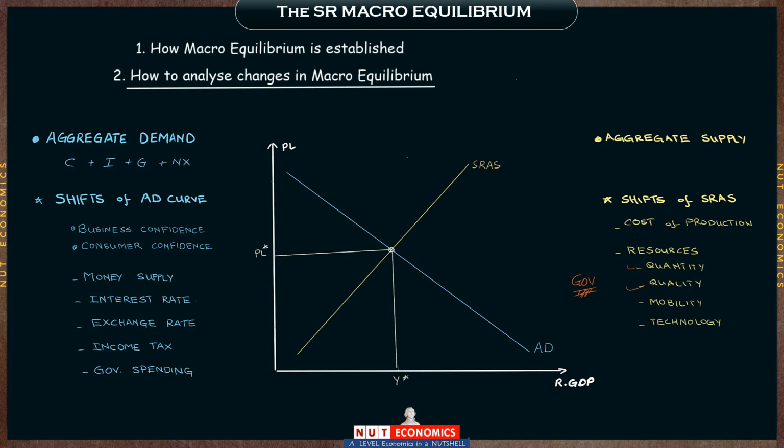So let's assume that the government spends on improving the education or the health or the infrastructure that is available in the economy. Now all of these things, an increase in health and education and infrastructure, mean that your country's quality of resources will increase, your potential output will increase, and therefore your short-run aggregate supply curve as well as your potential output should increase and shift to the right.